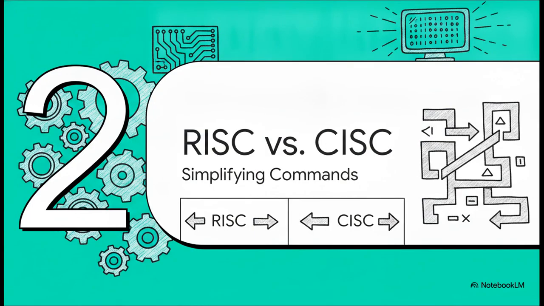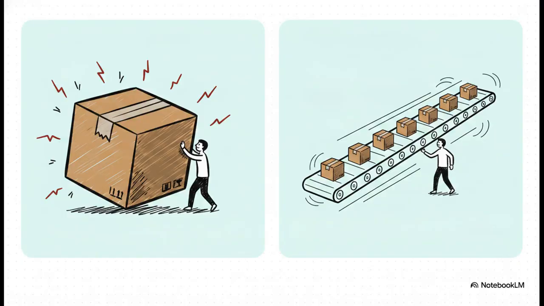Section 2, RISC versus CISC. Now, to truly appreciate why this was such a real game changer, we have to look at what RISC was competing against. Historically, early computers relied on CISC, which is Complex Instruction Set Computers. And this comparison brilliantly illustrates the core difference. With CISC, the computer is handed a really complex instruction. Think of it like trying to move a massive, heavy box all by yourself.